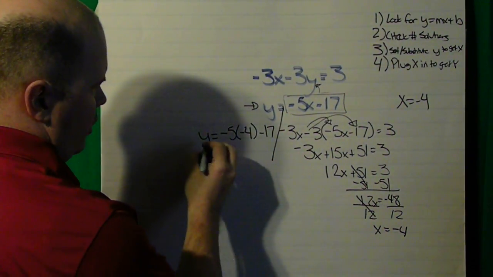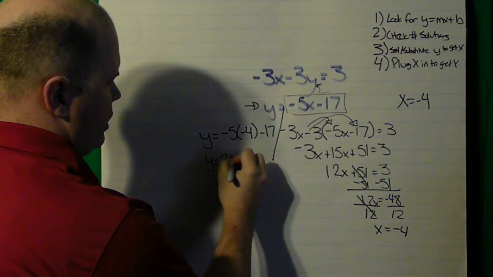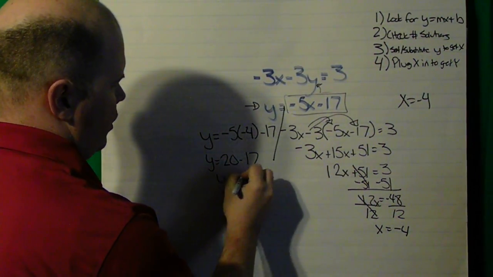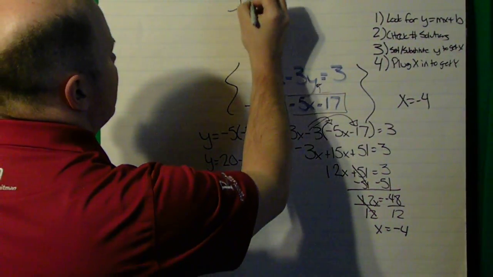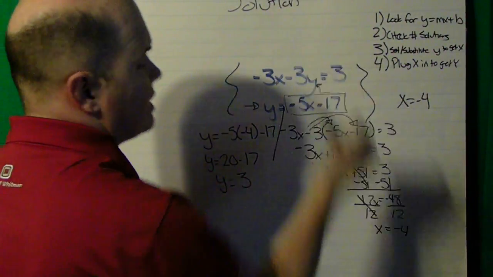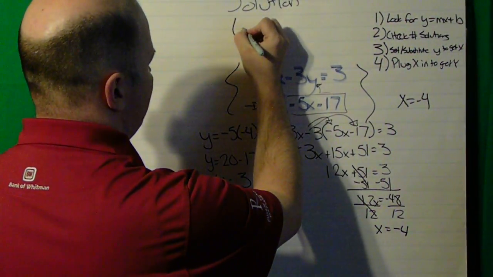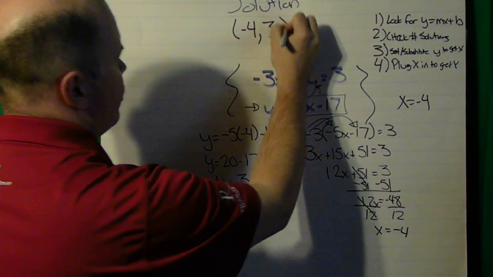Okay, so negative 5 times negative 4 is 20, so y is equal to 20 minus 17, which is 3. So my solution to that system of equations is that x is equal to negative 4 and y is equal to 3.